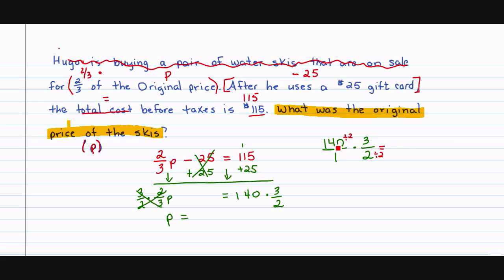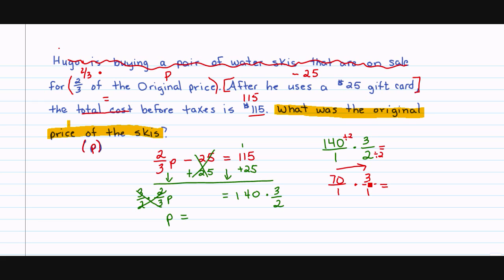So let's see here. 140 divided by 2 would be 70 times, I didn't do anything with the 3, and 2 divided by 2 is 1. Now I can multiply straight across my numerator. 70 times 3.